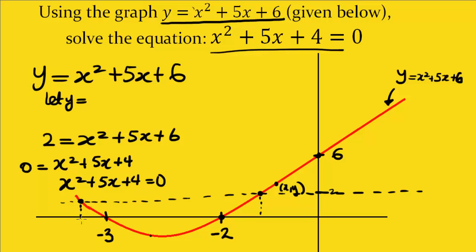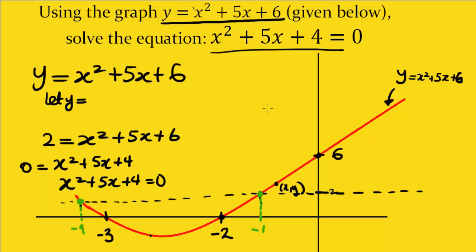And if you actually plotted this graph with an axis, you would find that this point is -1, and this point, let me use a different color, is -4.